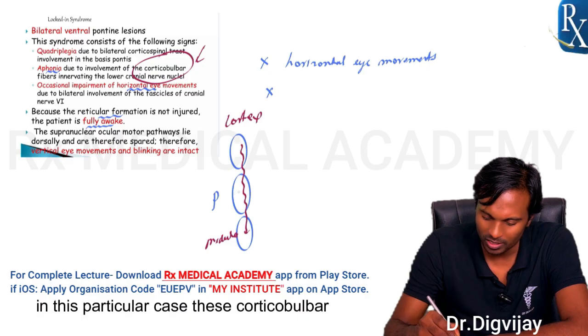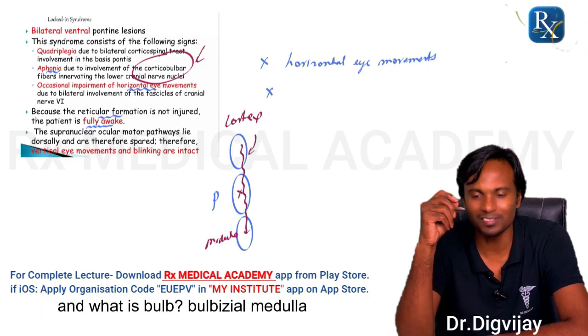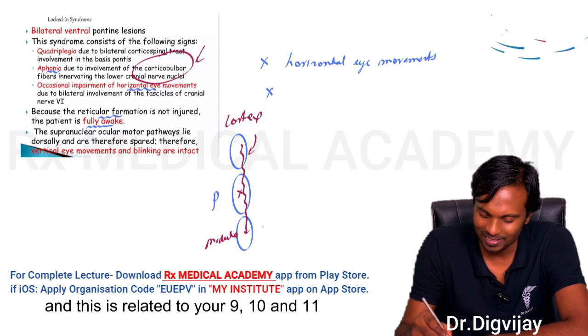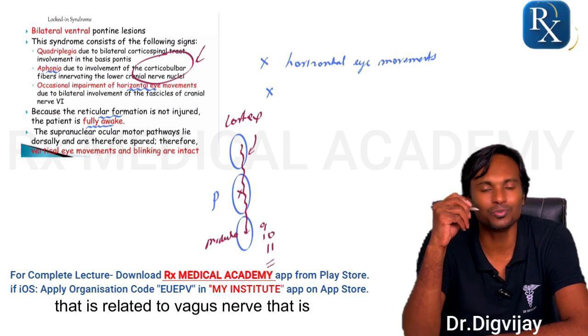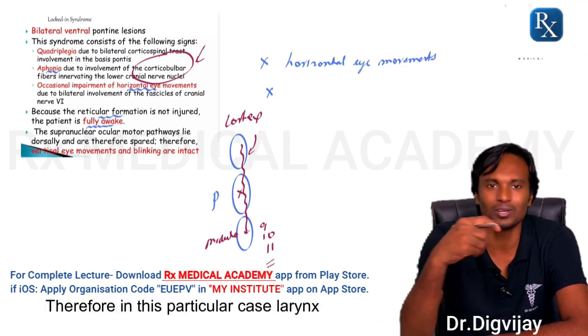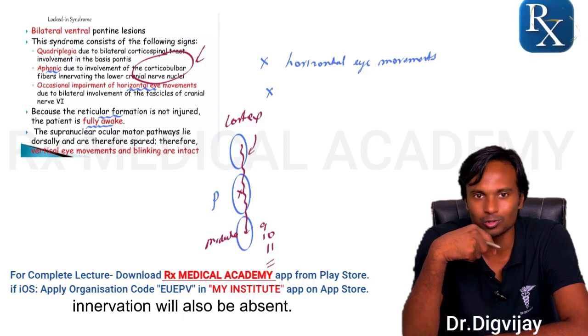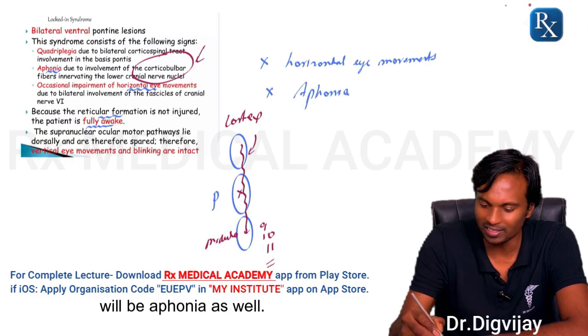So these corticobulbar fibers will also be affected. And what is the bulb? The bulb is your medulla, and this is related to cranial nerves 9, 10 and 11, that is the vagus nerve and the glossopharyngeal nerve. Therefore, larynx innervation will also be absent. Therefore, there will be aphonia as well.